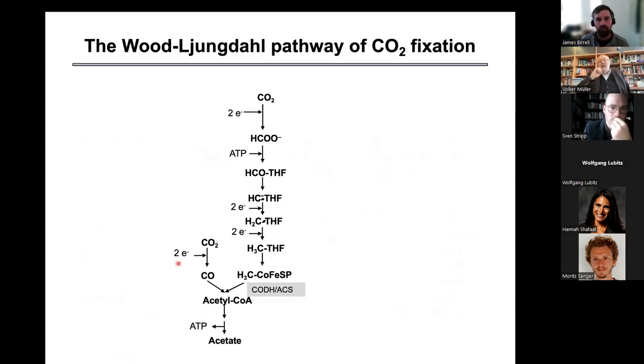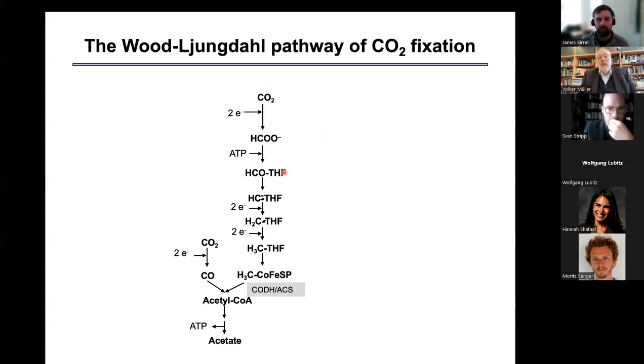So the pathway that these bacteria use is the so-called Wood-Ljungdahl pathway, in honor of the 2 people that actually established, identified, and characterized that pathway, which is a linear pathway of CO2 reduction that has 2 branches. In one branch, CO2 is first reduced to formic acid by a formate dehydrogenase.